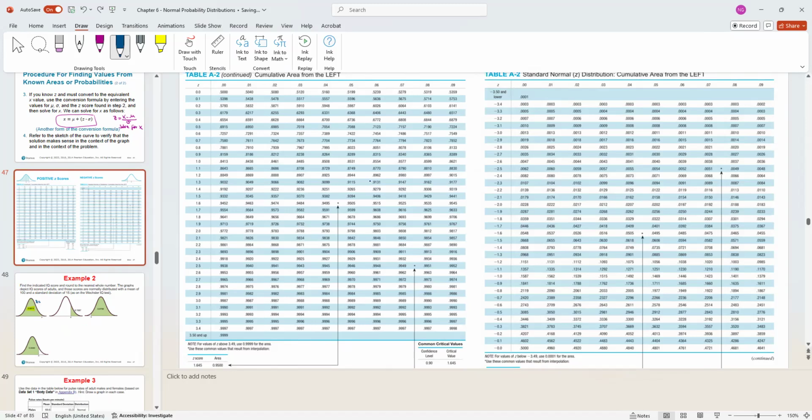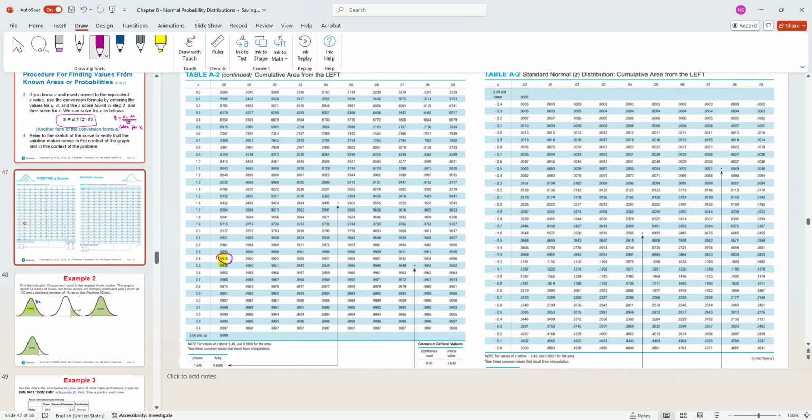Okay, so we're going to see where we find 0.9918. Oh, right here. I'm hoping you see it. This is 9918.